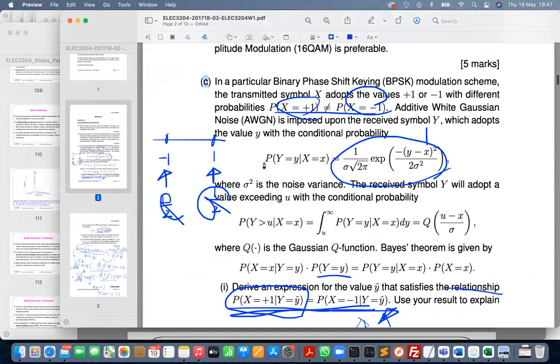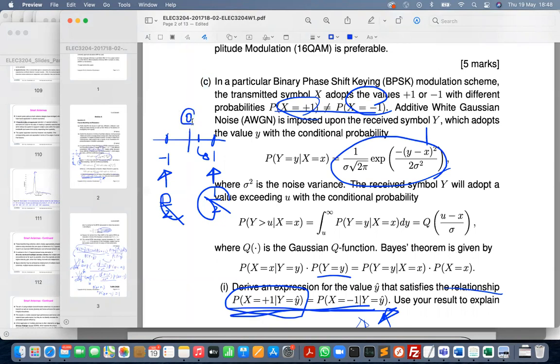So originally, when it's half-half chance, the decision boundary was 0 here. If the received signal is on the right-hand side, positive, then we detect it as a positive 1. But now, because the transmission probability has changed, the decision boundary would have changed as well.